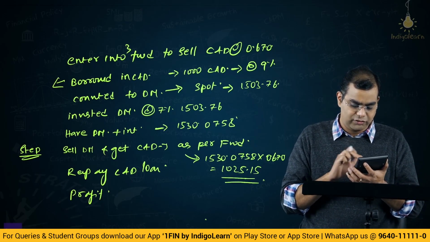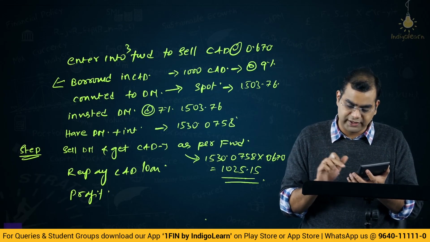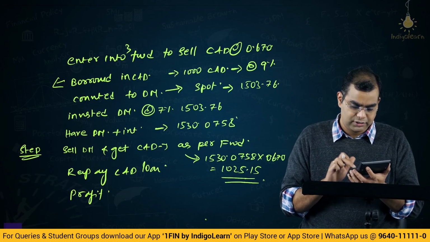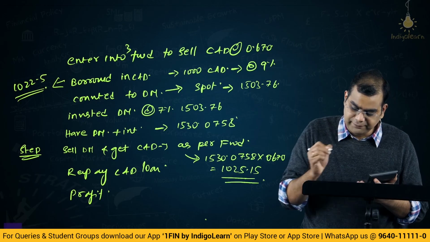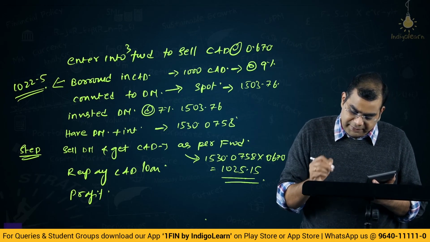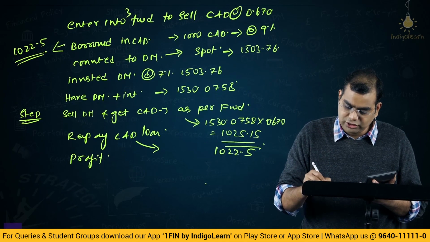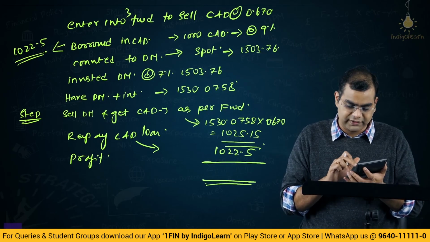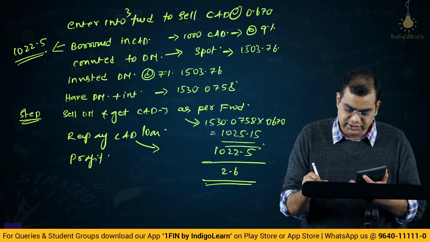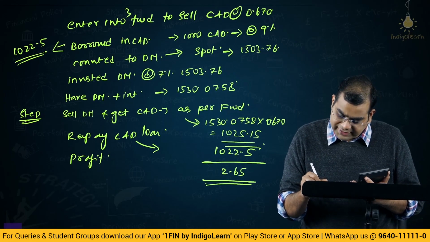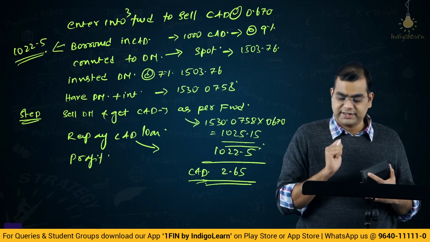So 9 divided by 4 is 2.25%, so 1.0225 into 1000 is 1022.5. So you have to repay the CAD loan of 1022.5. So your net profit is 1025.15 minus 1022.5, which is CAD 2.65. Both are in Canadian dollars.